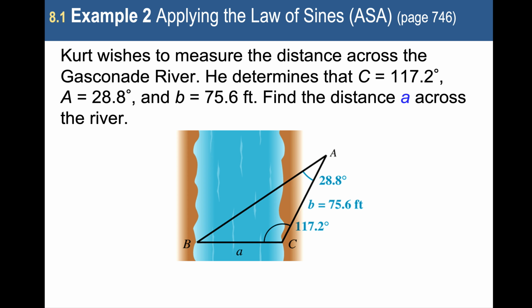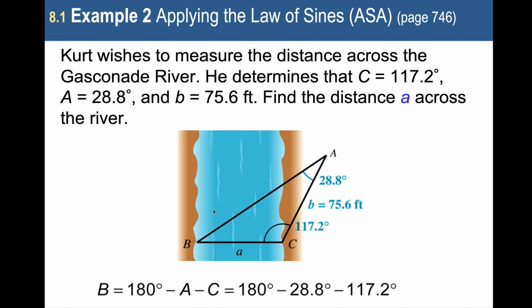Here's another application. Kurt would like to measure the distance across the river. So that's from B to C. He determines that angle C is 117.2, that the other angle A is 28.8, and then little b, which is across from my capital B, is 75.6. Now, at first glance, it looks like we don't have a pair here, which is required to do the law of sines.